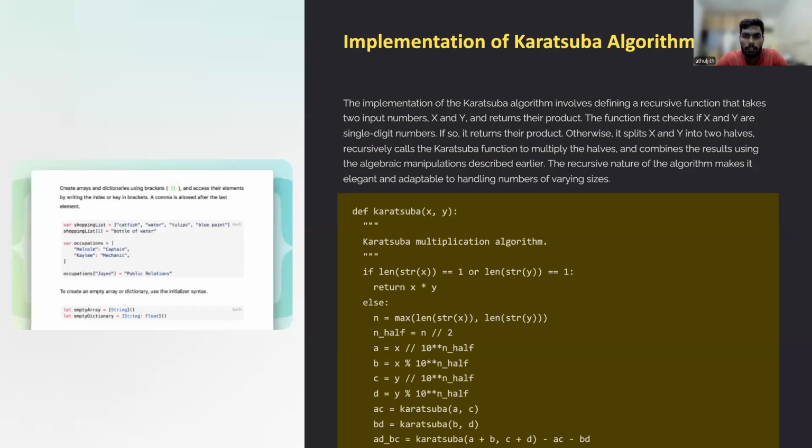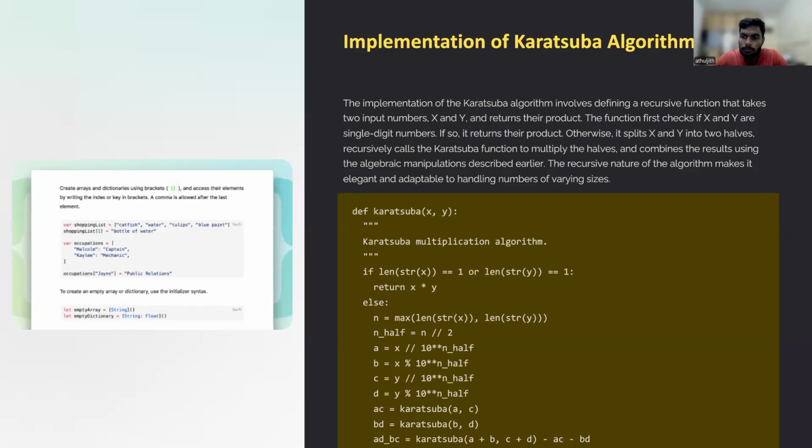Implementation of the Karatsuba algorithm. The implementation involves defining a recursive function that takes two input numbers x and y and returns their product. The function first checks if x and y are single-digit numbers. If so, it returns their product. Otherwise, it splits x and y into two halves, recursively calls the Karatsuba function to multiply the halves, and combines the results using the algebraic manipulations described earlier.